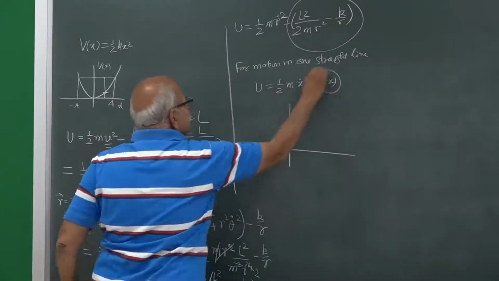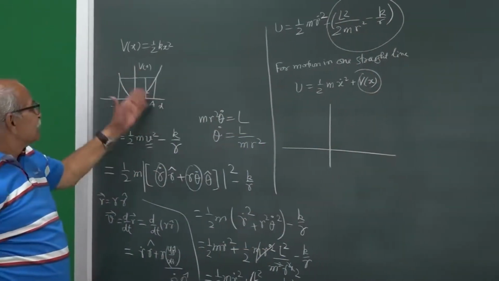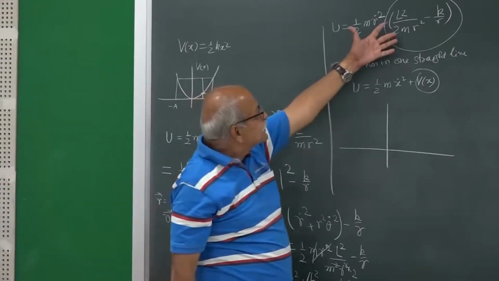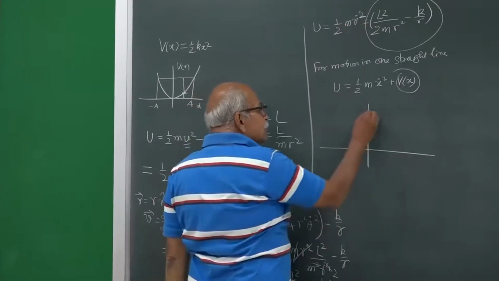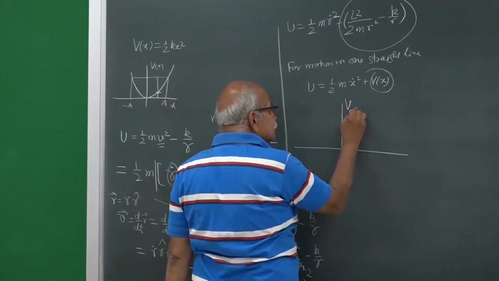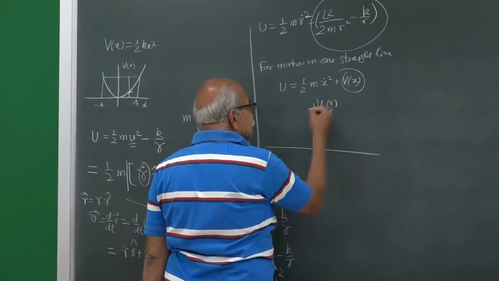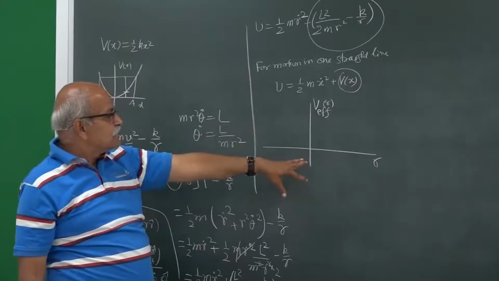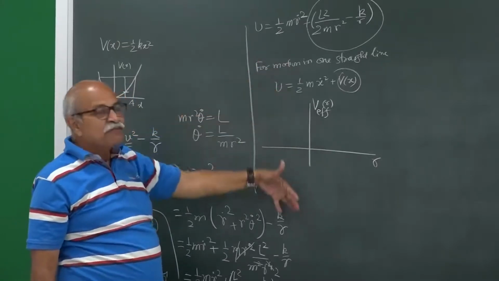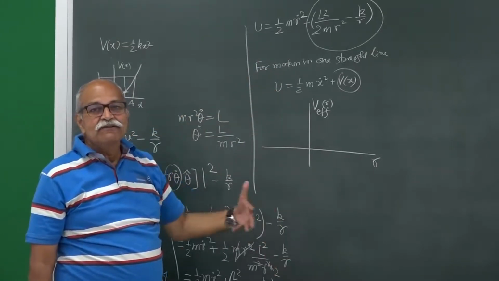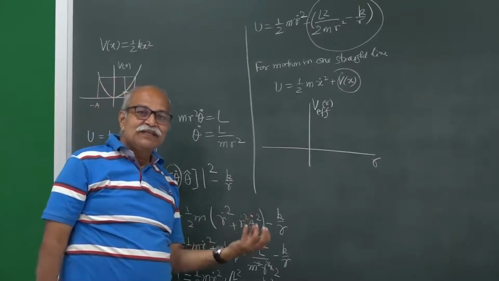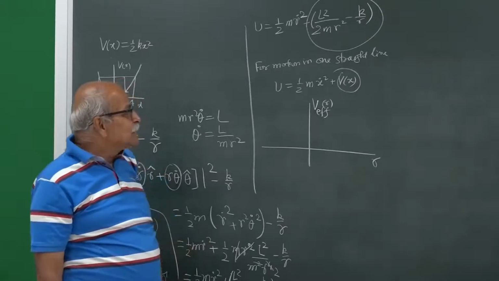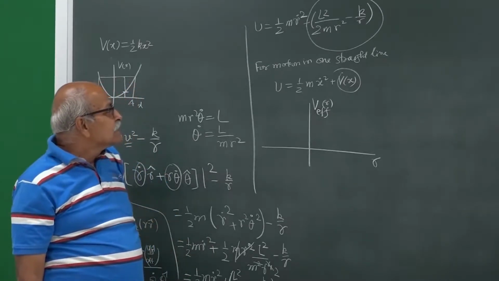Here we plotted V of x and derived the equations. Here we plot this quantity, which we call V effective, as a function of r, and from this we can derive several pieces of information about the attractive inverse square motion of a particle. Okay, so how do I plot this?